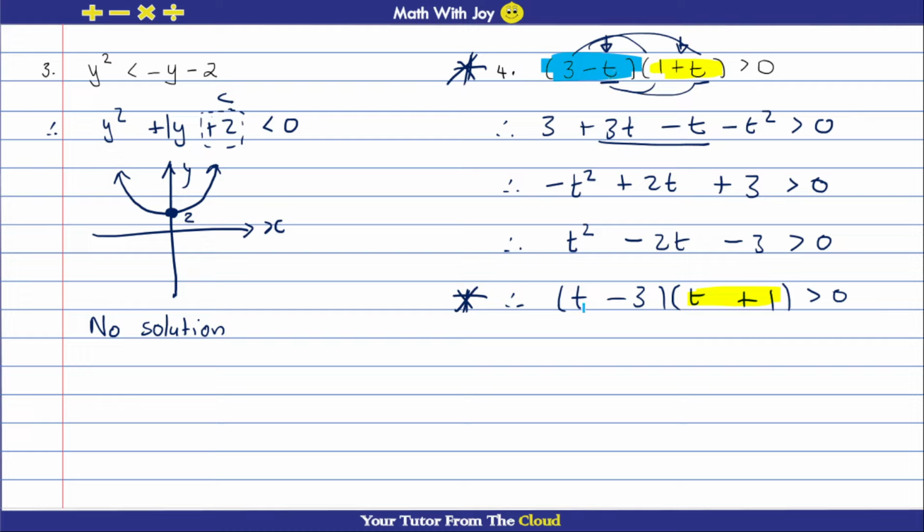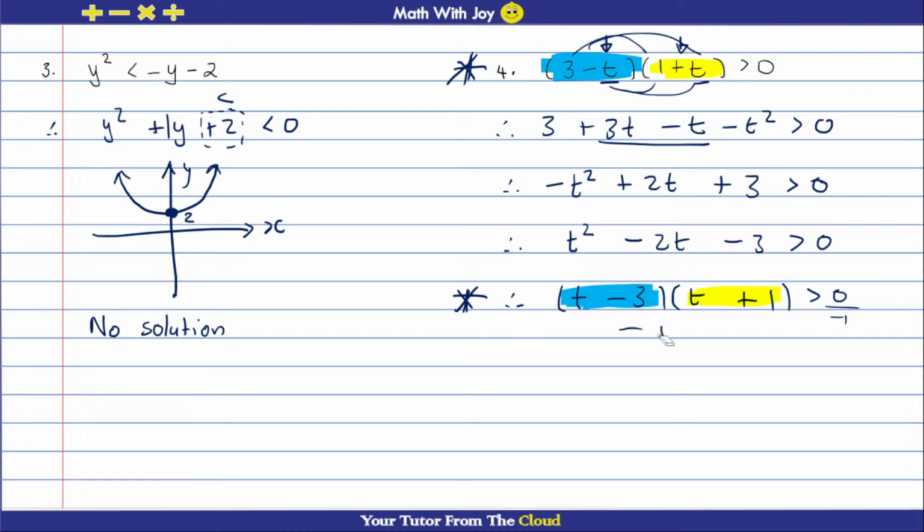So I couldn't just swap them around. I needed to take out a negative in that bracket. So if you take out a negative in the blue brackets at the top, you will get t minus 3 with a negative out here. And then you can just divide this whole thing by negative 1, hence canceling out that negative and getting the same result.